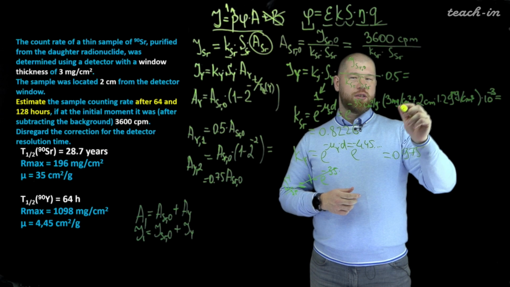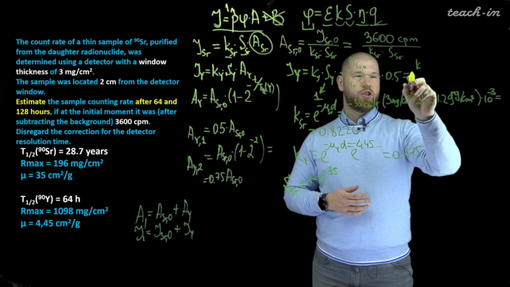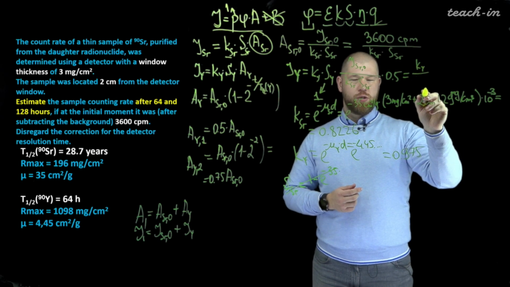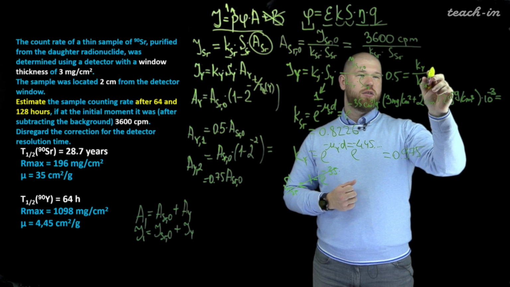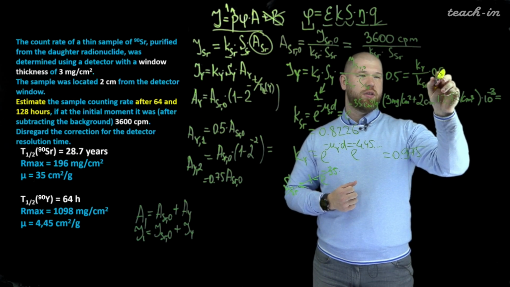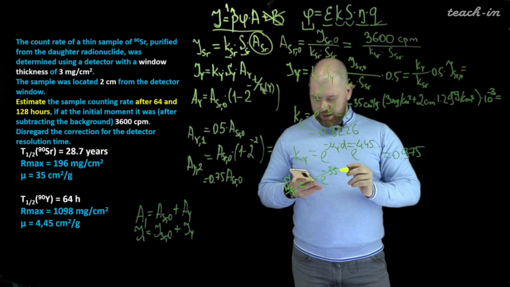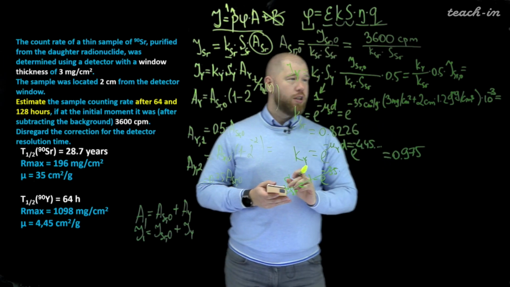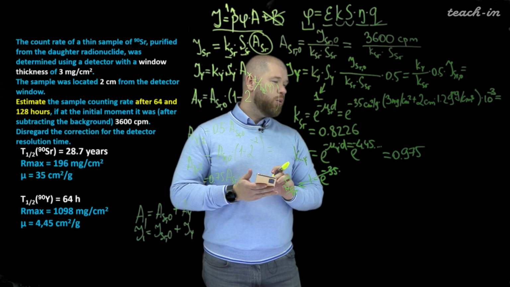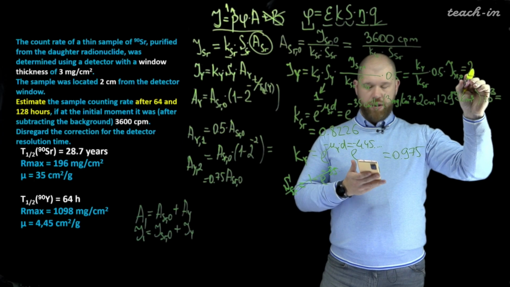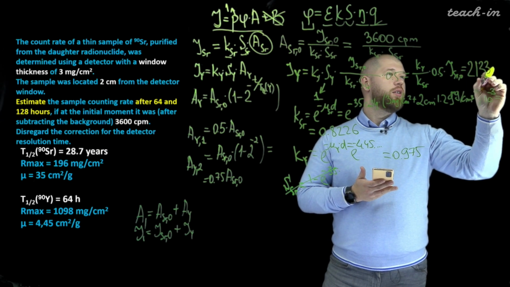So now it is an even easier solution. We just take this relationship between the attenuation coefficients for yttrium and strontium and multiply it by the half count rate for strontium. And thus, in the first case, in the case of 64 hours, we will obtain this count rate, 2133 CPM.